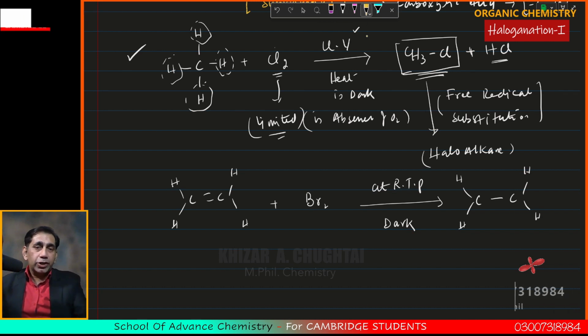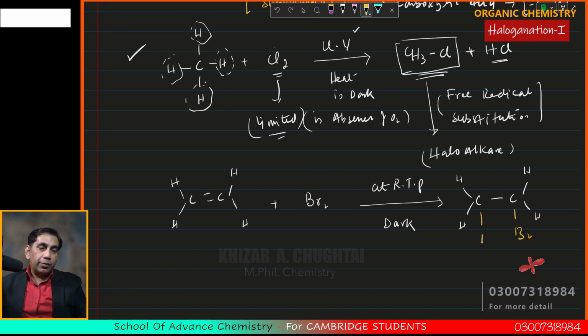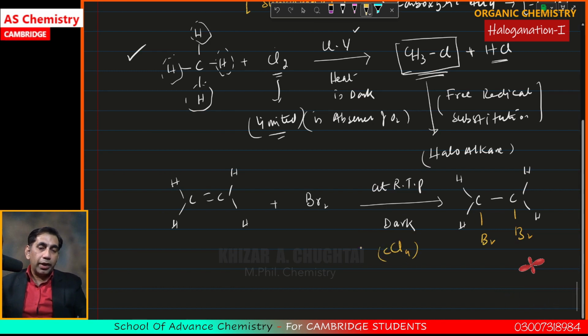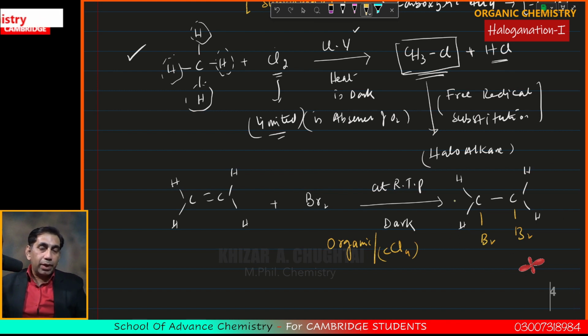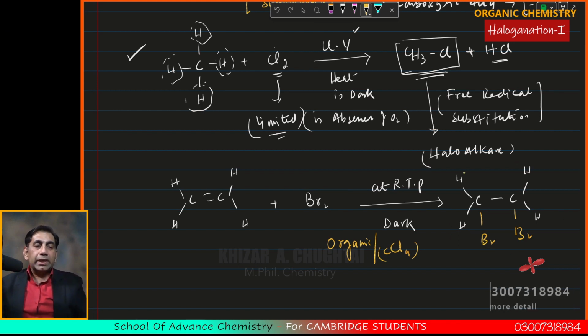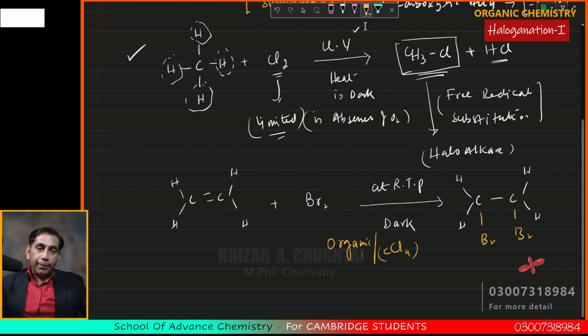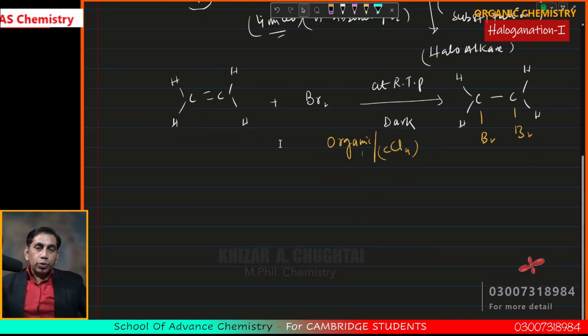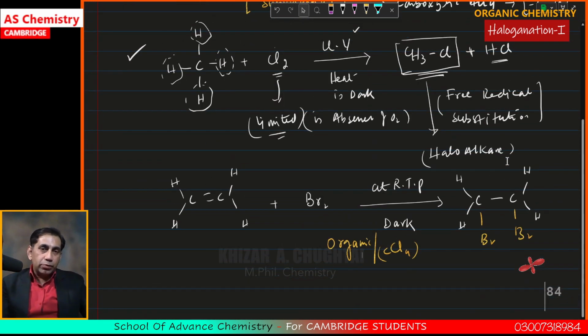This is called addition reaction. So there is one Br and there is other Br. But keep in mind, if you are using CCl4 or any organic solvent, here the solvent is important. If you are using organic solvent, then there is only one product, that is said to be 1,2-dibromoethane.